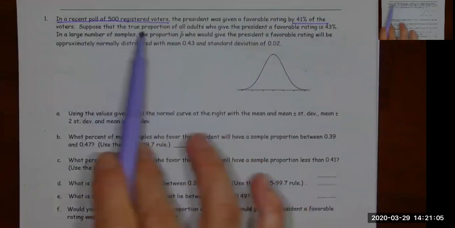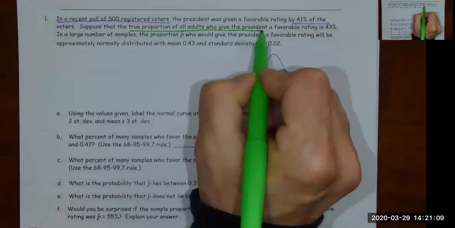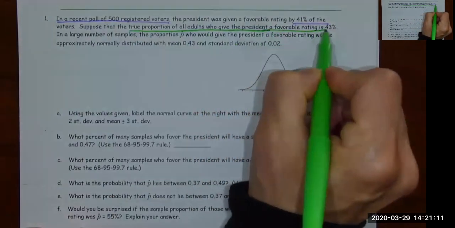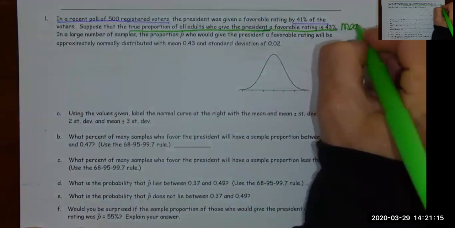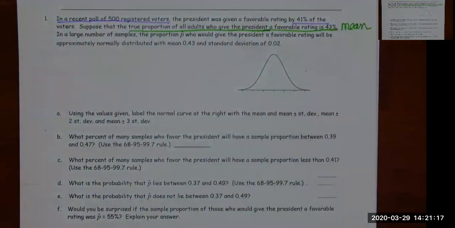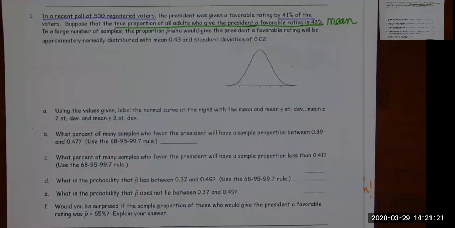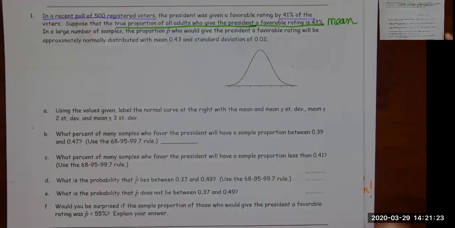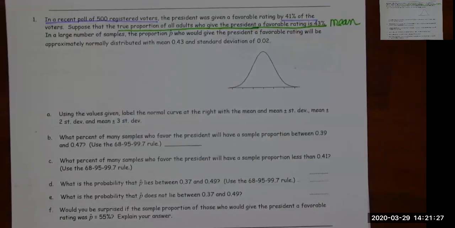Suppose that the true proportion of adults who give a favorable rating is 43%. So this is our mean. It's the mean because it says true proportion. The mean is really what's happening. And what we ask for is a p-hat. Okay, that gives us p-hat.